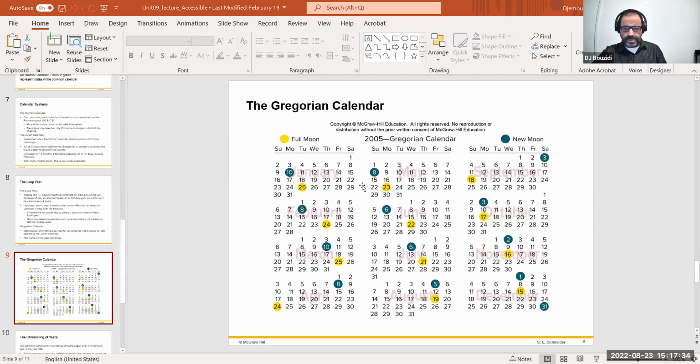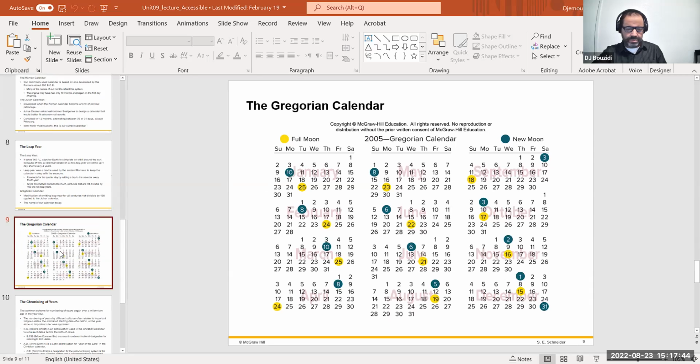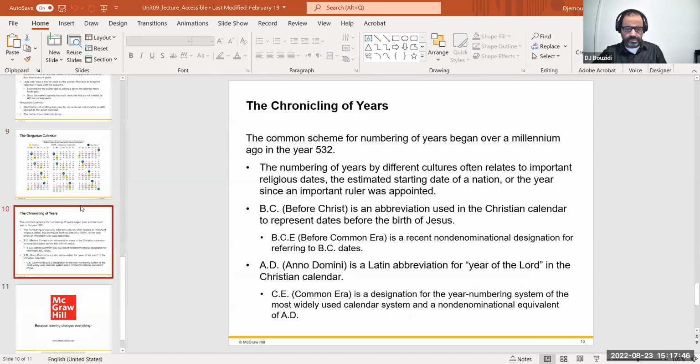Again, this is typical of the Gregorian calendar. And these are where the new moons are, just to give you an overlap of the two. Then we used to use BC, so that's before the modern era, so the starting point is an issue also. When did that start? That's by convention.